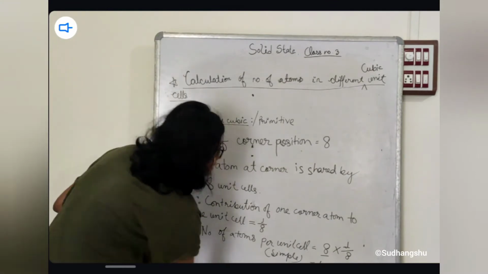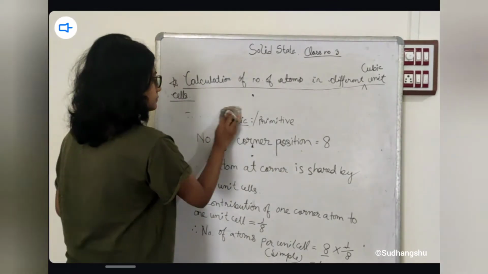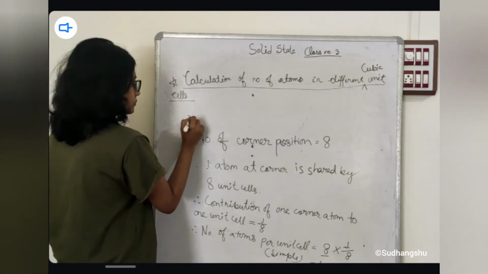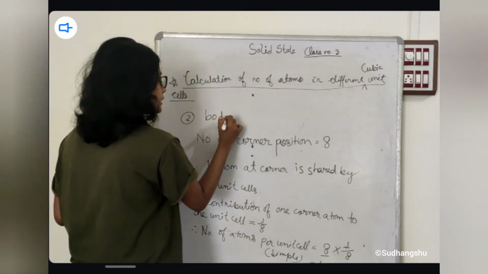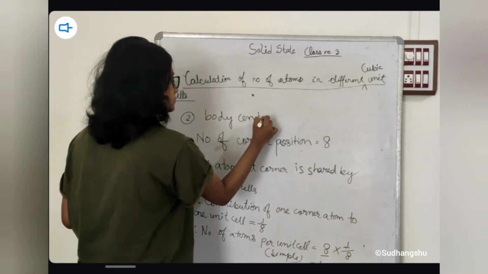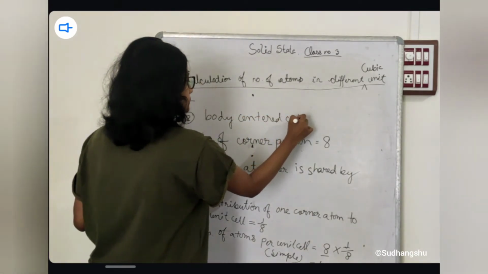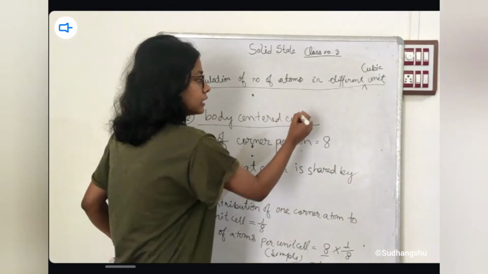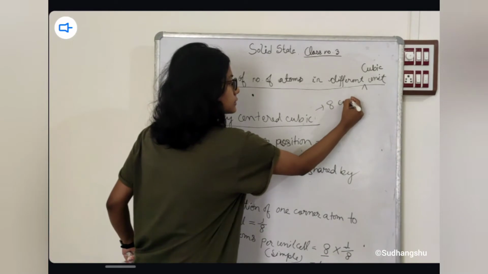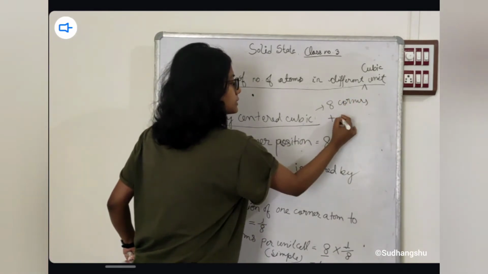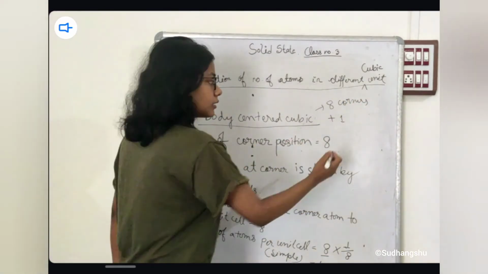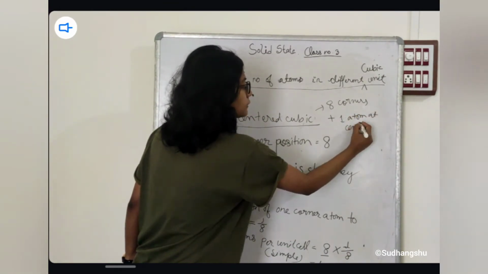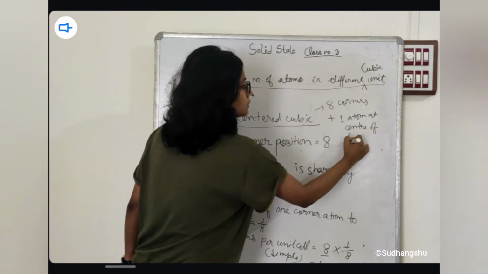Then for body centered cubic. Here atoms are present at 8 corners plus 1 atom at the center of the cube.